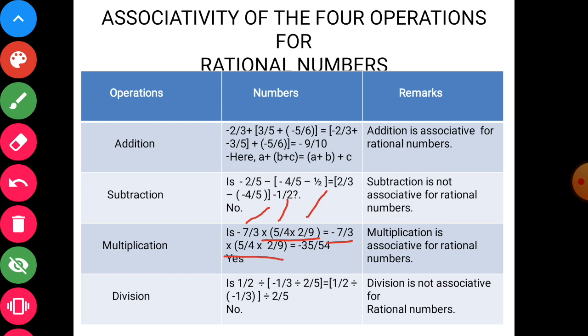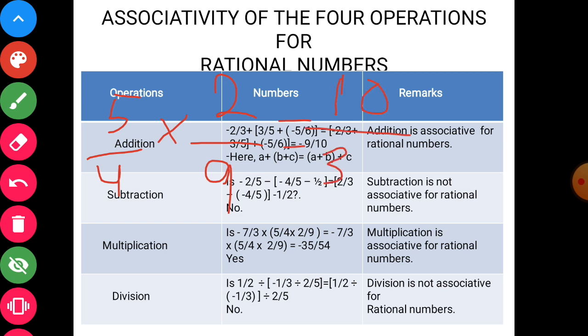Multiplication here also, let us check once. See, 5 by 4 into 2 by 9 is there, right? Here it is 10 divided by 36 we get, isn't it?